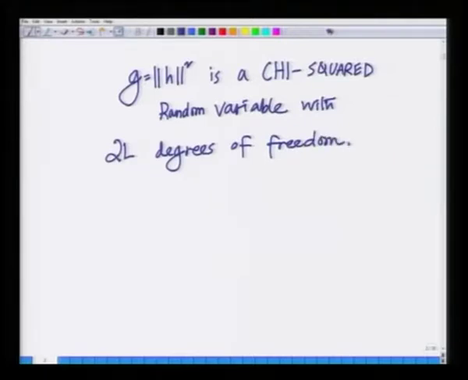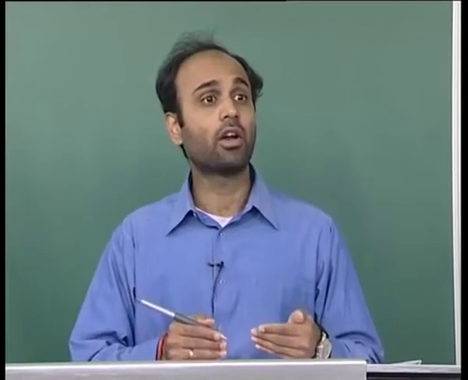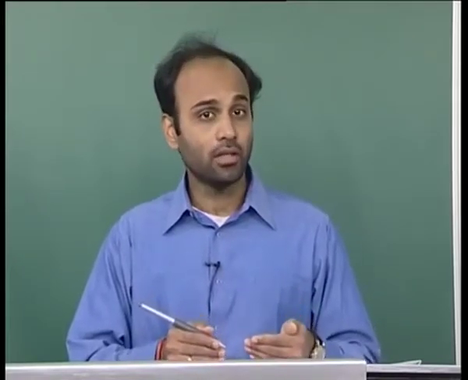It has been shown in literature that when each of the fading coefficients is Rayleigh, the magnitude is Rayleigh in nature, that is, each h_i has a fading coefficient whose real part and imaginary part are Gaussian, and also they are independent, uncorrelated or independent of each other.